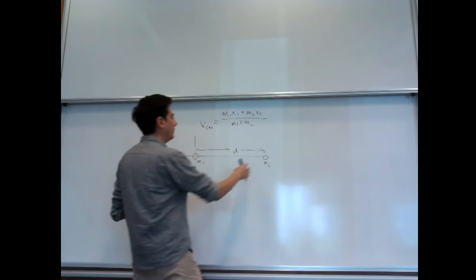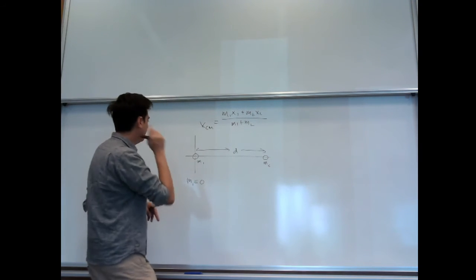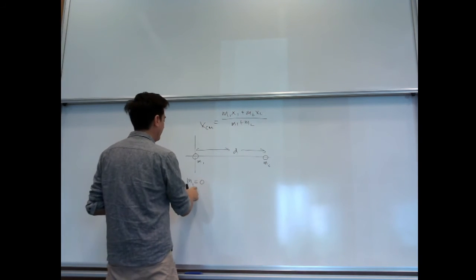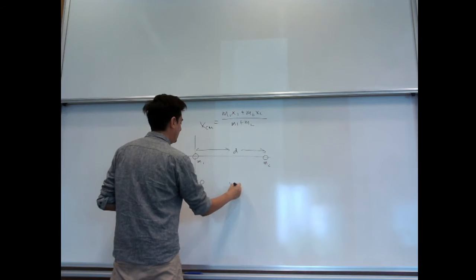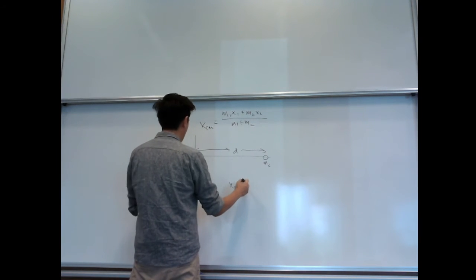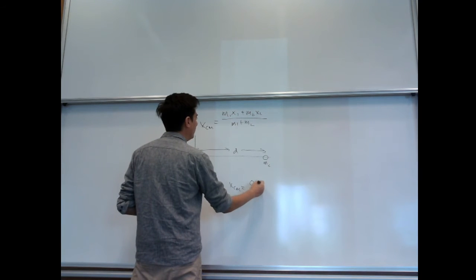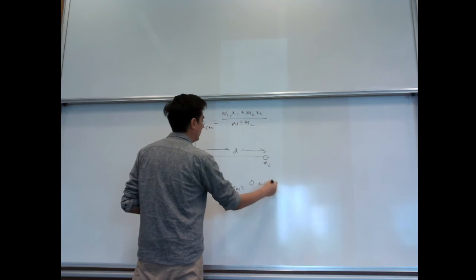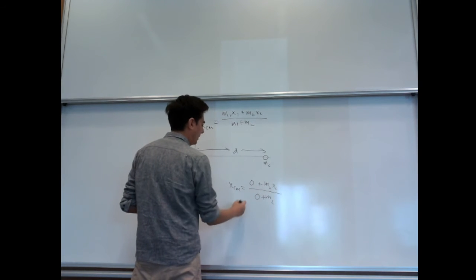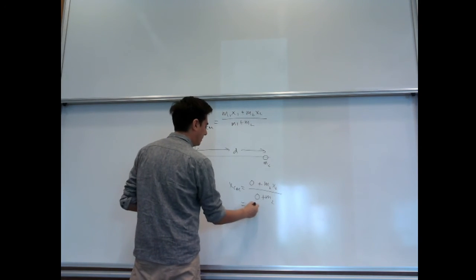Yes, exactly, the position here. So if we put that into the formula, m1 is 0, so it's going to be 0 plus m2 x2, divided by 0 plus m2, and then we just get x2.